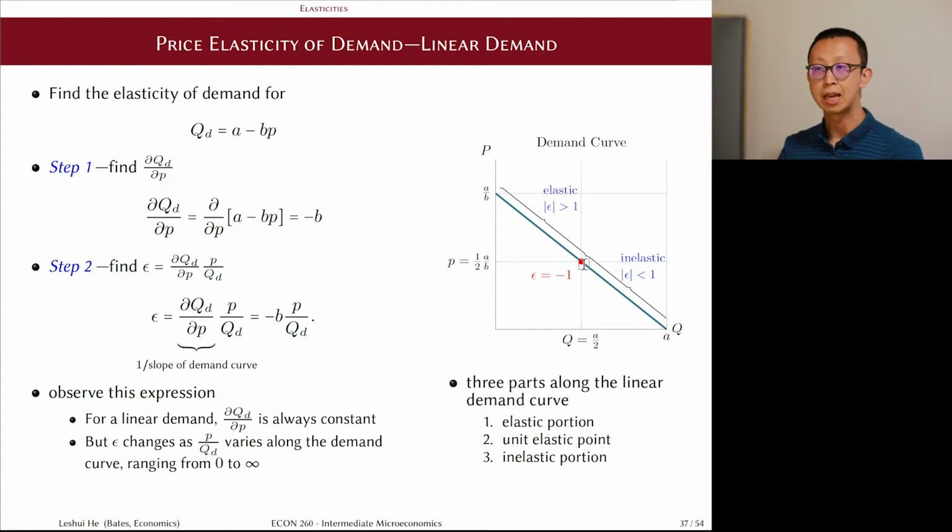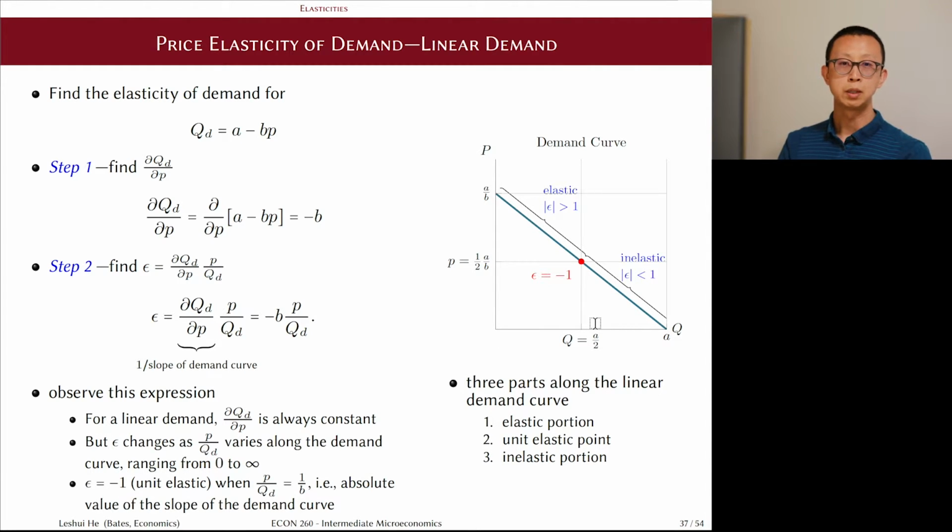So then it just cancels out with the minus B here, which is exactly 1 over the slope of the demand curve. So then they cancel out with each other and we're left with an absolute value of 1. And that's the unit elastic point. Now, because the value of P over Q changes continuously, there is only one such point where we're going to have unit elasticity on the linear demand curve.